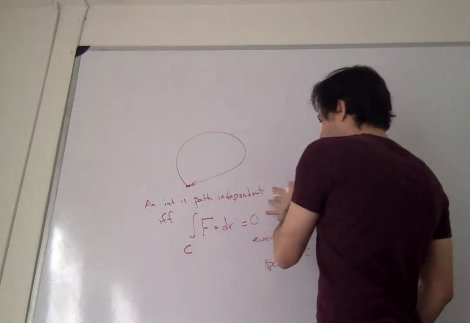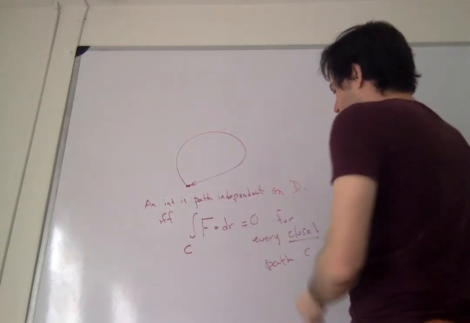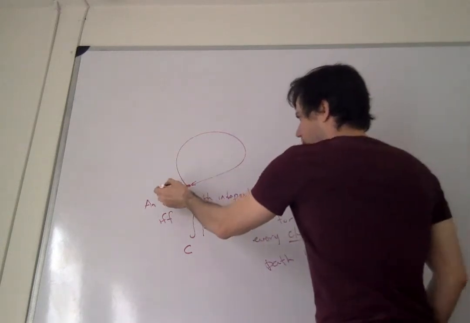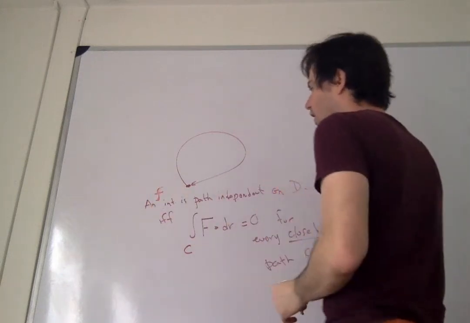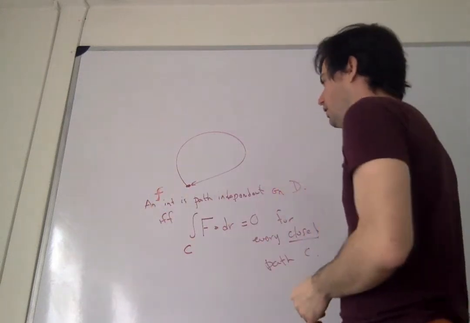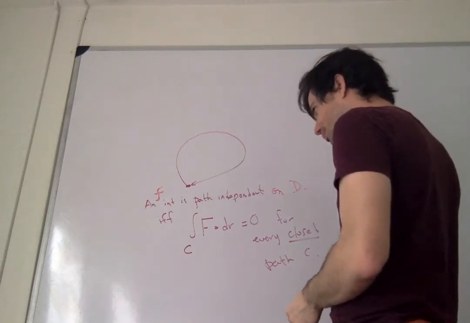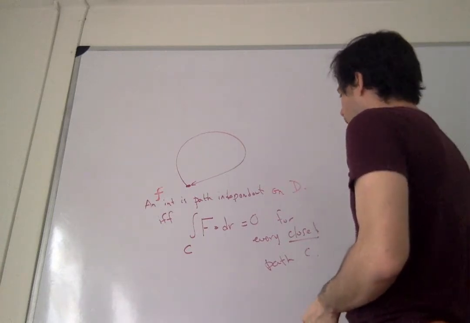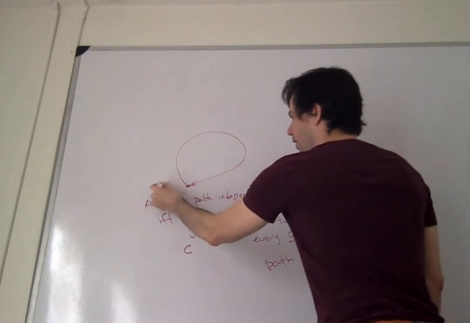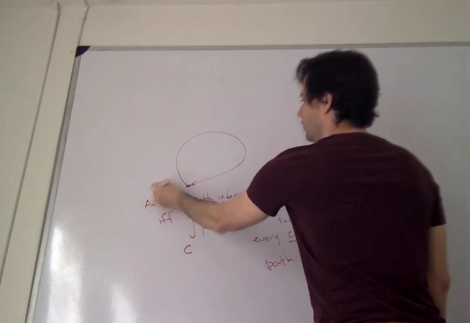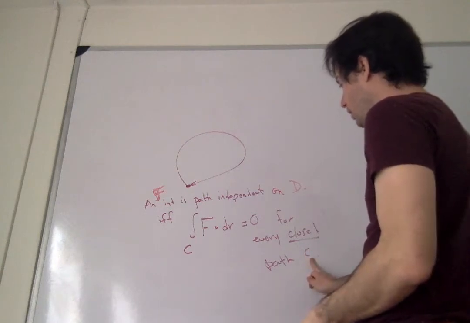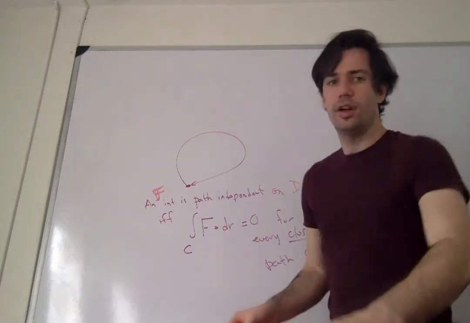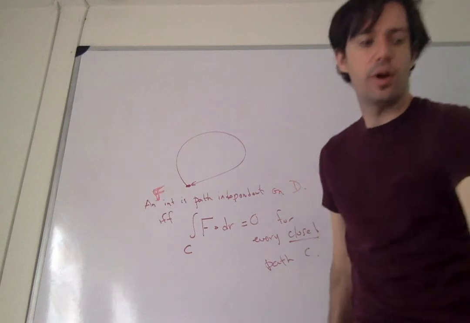So it's path independent on the domain D if the function f is independent of its path, provided this always obtains for every closed C inside D. So this should not be too difficult to see why it's true.